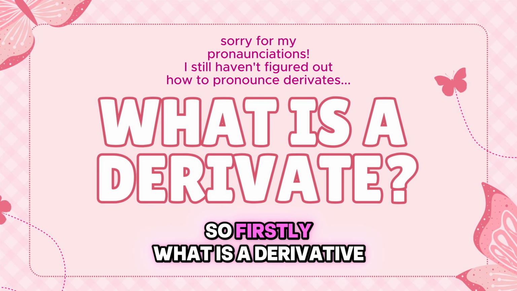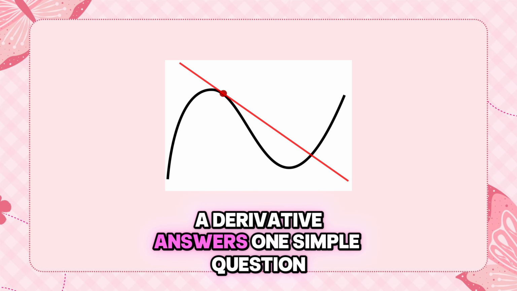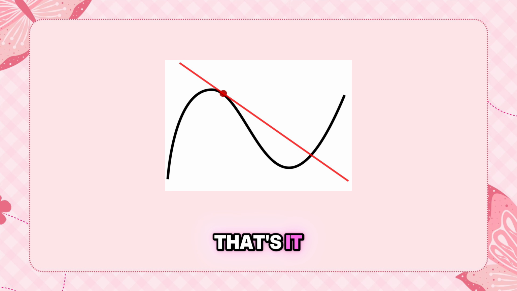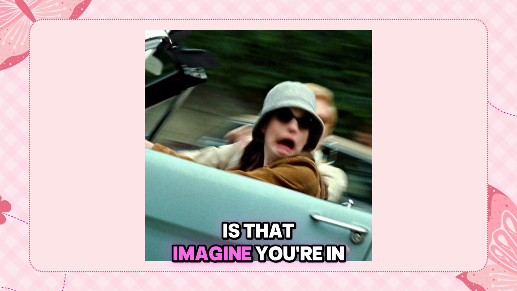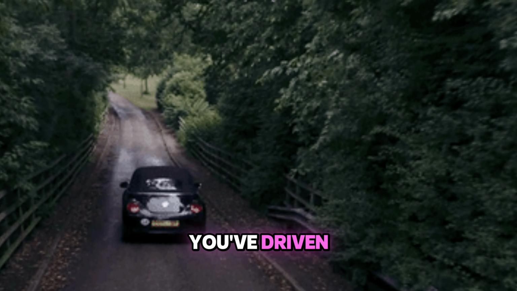So firstly, what is a derivative? A derivative answers one simple question. How fast is something changing? That's it. And a real life example is, imagine you're in a car. Distance equals how far you've driven.